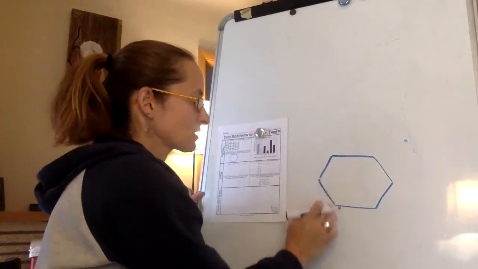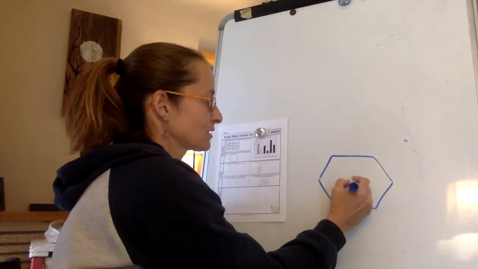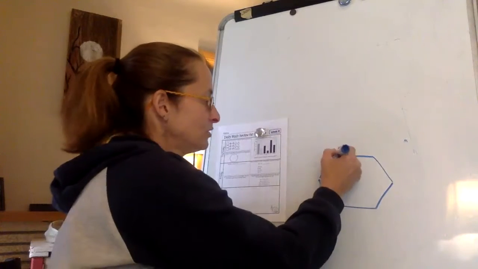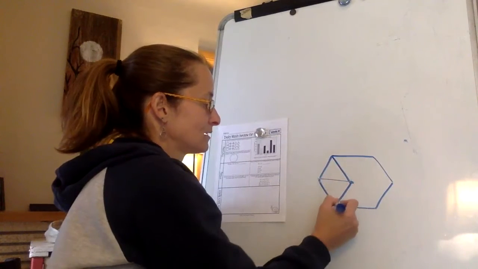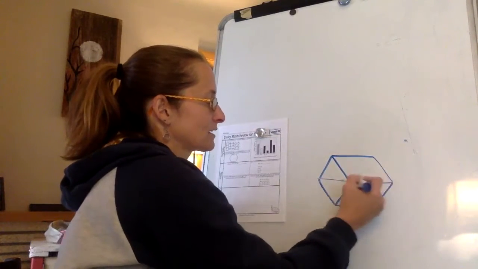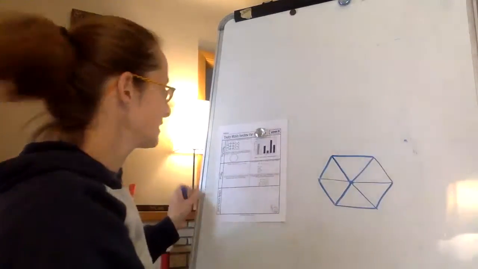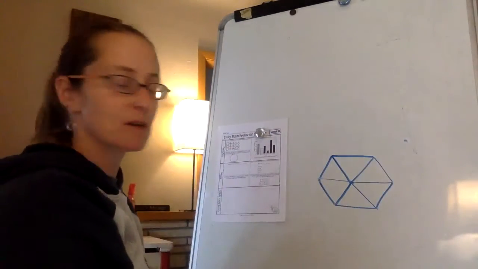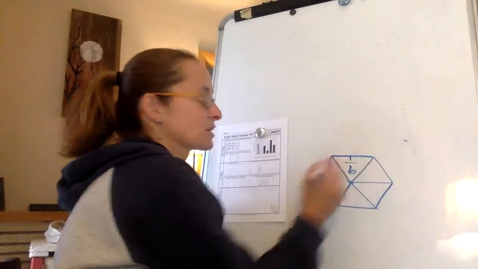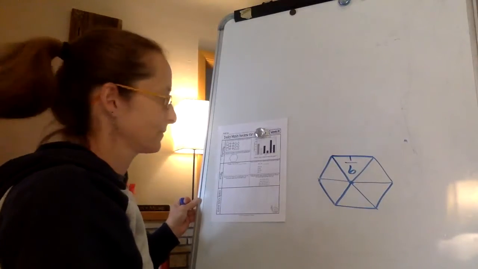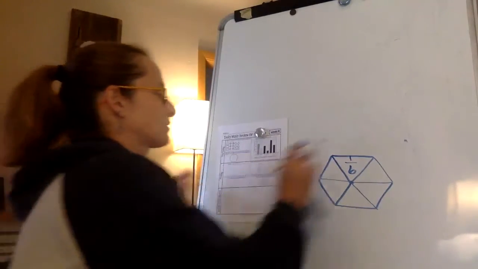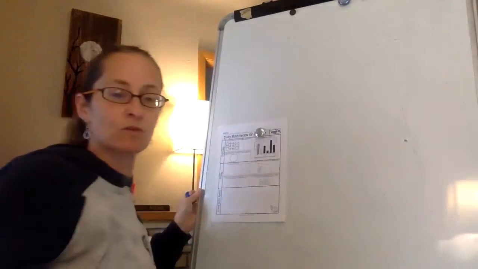So do you see the corners, boys and girls? If you just put a little dot in the middle and you bring your lines down, look how easy that is to partition that into 6 equal parts, and then go ahead and write your unit fraction in each section.